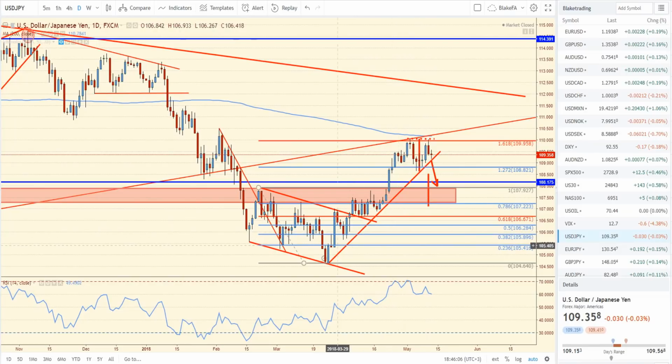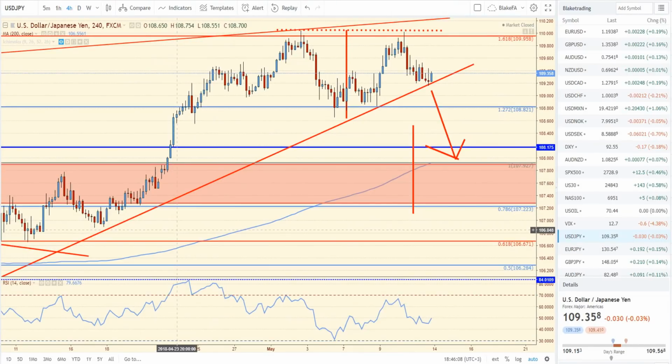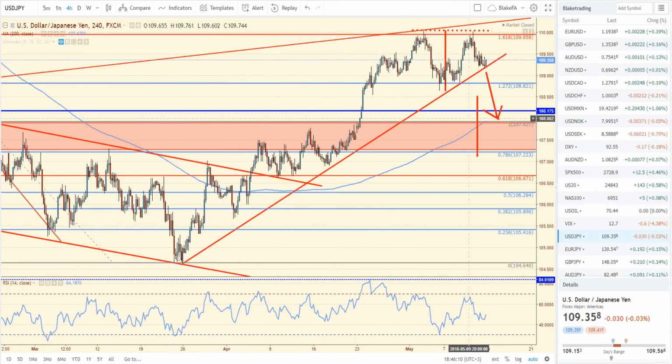Now, excuse my crude drawings here, if the dollar yen breaks through 109, and especially through 108.80, 108.60, right here, this is 108.80, 108.60, then you have this double top that's in play. And then that takes us down towards 107.